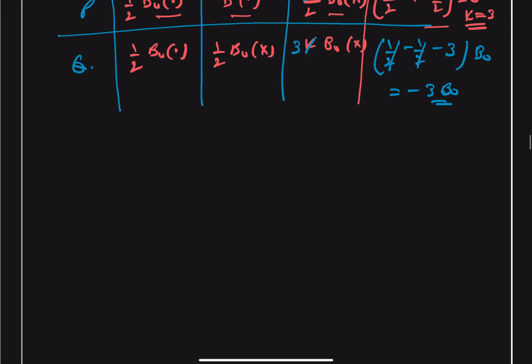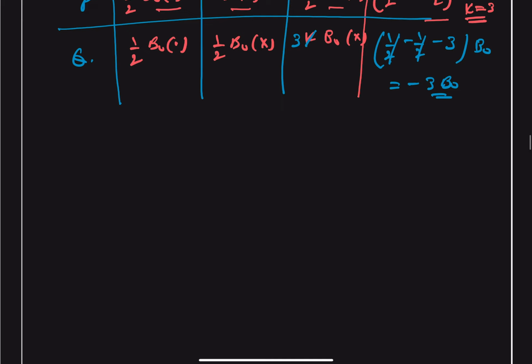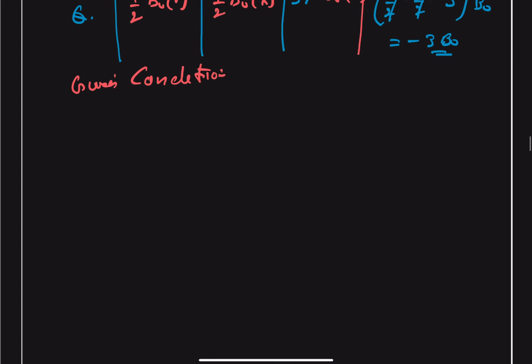So we can say for the given condition, the net magnetic field at P should be equal to 0.